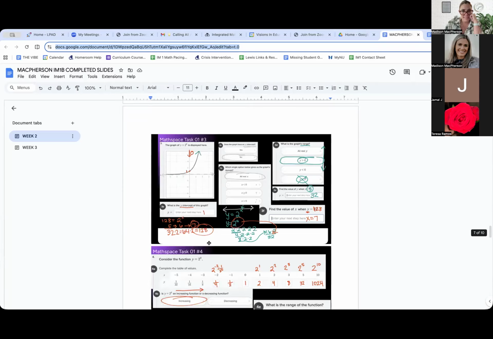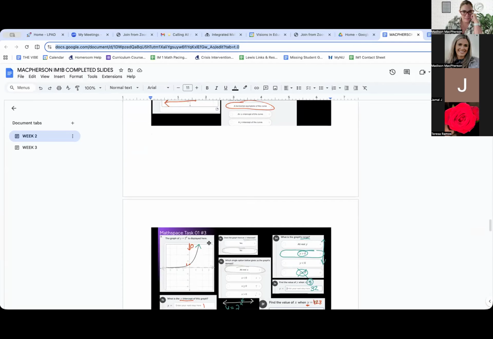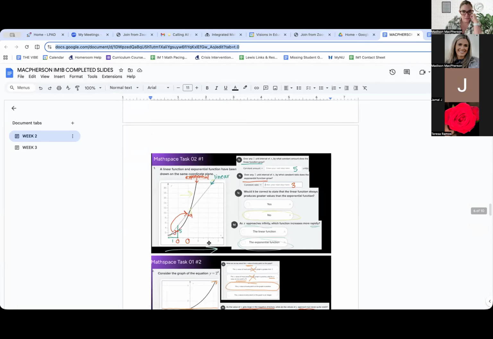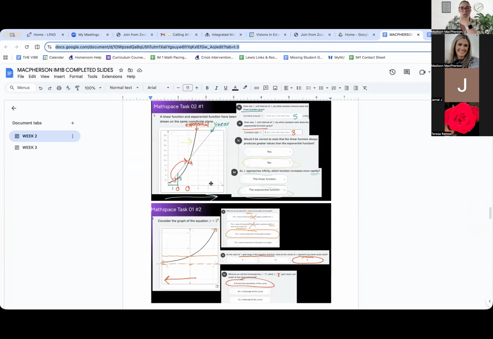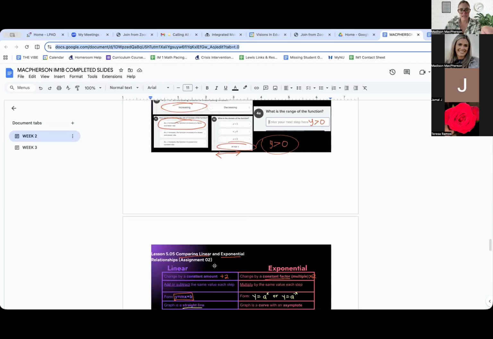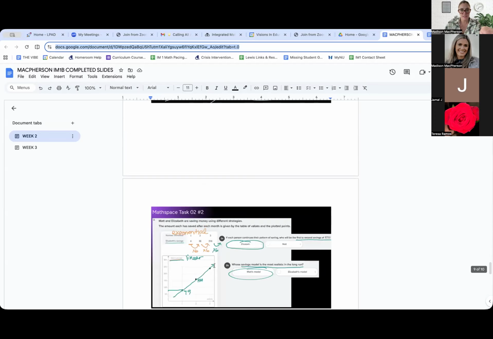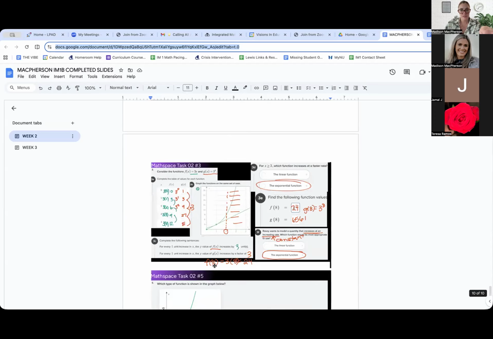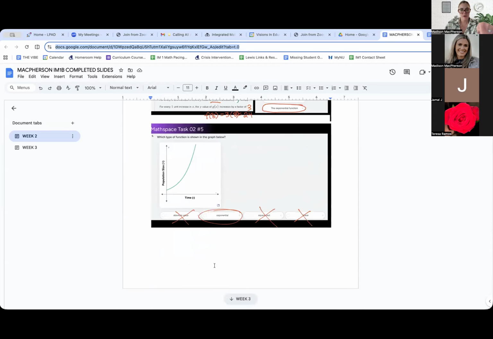I found a mistake here, I think. Let me see. We need task 1, number 1. Anyways, this has the tasks on it. Task 2, number 1, task 2, number 2, task 2, number 3, and number 4. Okay.